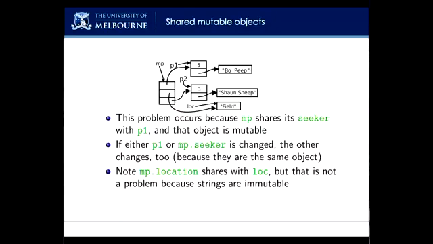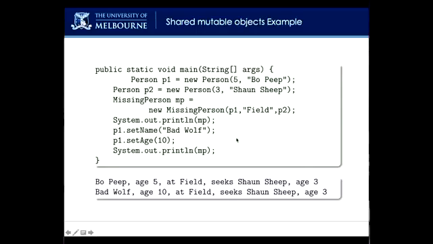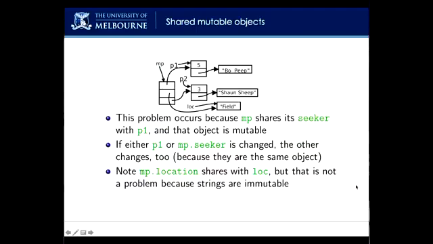So it happens because the MP, missing person, sorry. It happens because the missing person shares its seeker with the person one, right? And person one has got mutators in there. Now, we need to consider this.